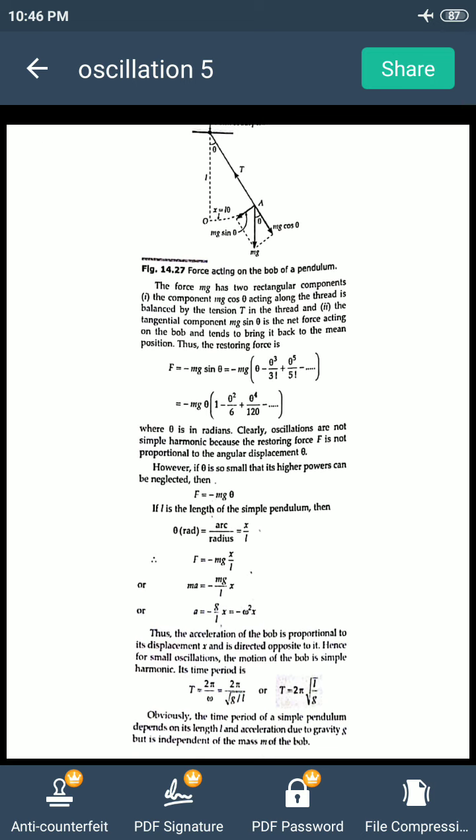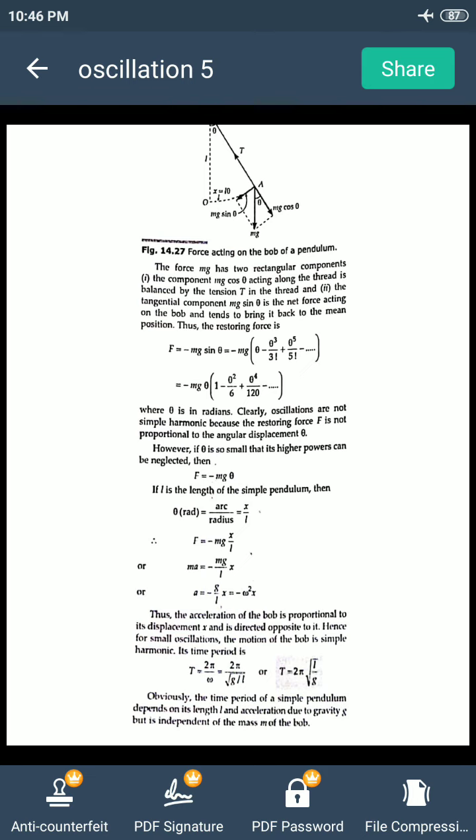So we have F equals minus mg into theta, and theta equals arc by radius, that is x, the arc or displacement, by the radius, which is the length of the thread, L. So F equals minus mg into x by L. Now from the second law we know that F equals m into a, so ma equals minus mg x by L. So a equals minus g by L into x, where g by L represents omega square.